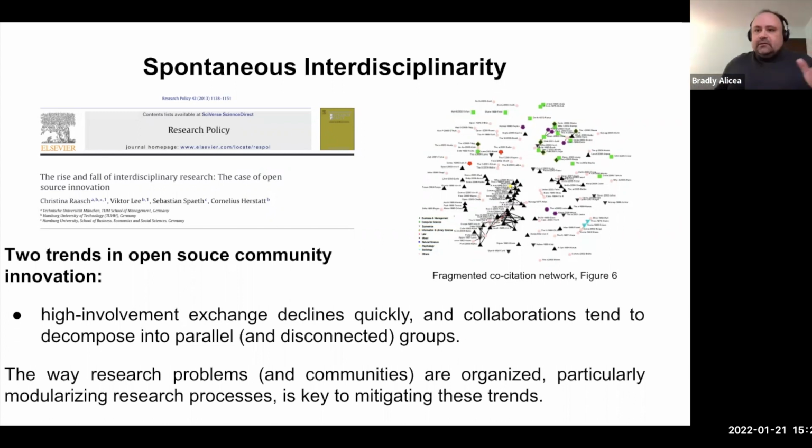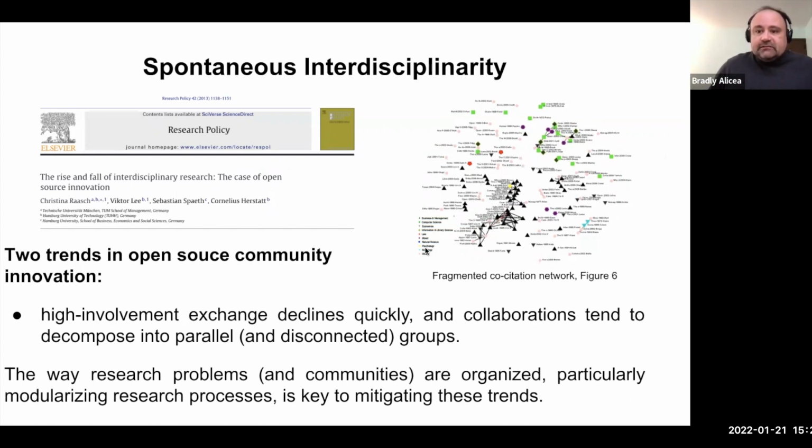If people are working at low levels of involvement, it's more sustainable, but then again, people understand less about what actually is going on in the project. The second trend is that collaborations tend to decompose into parallel and disconnected groups. And so this is what the term decline means. You can see in this citation network how fragmentation occurs.